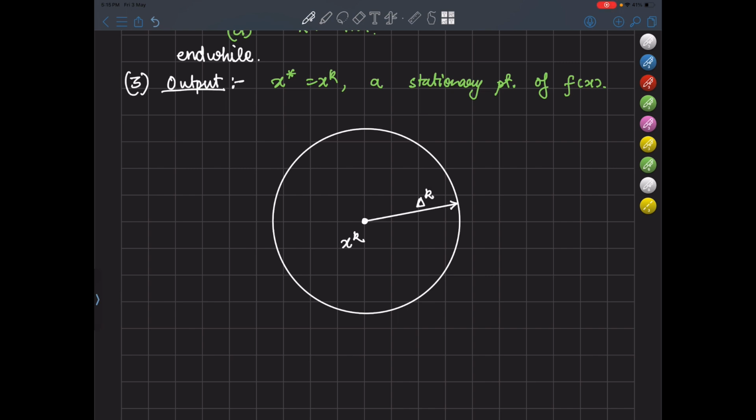Now we try to find the next point. Let's say we get the point here, xk plus 1.